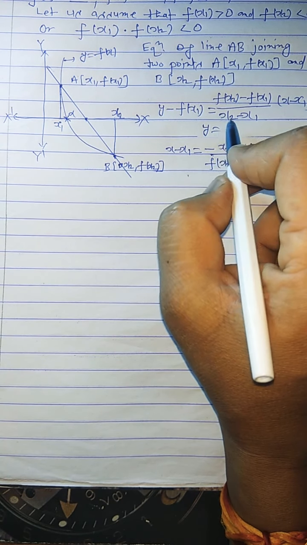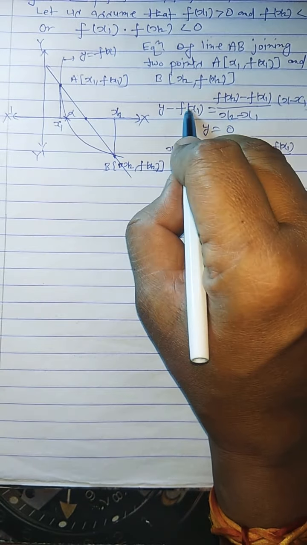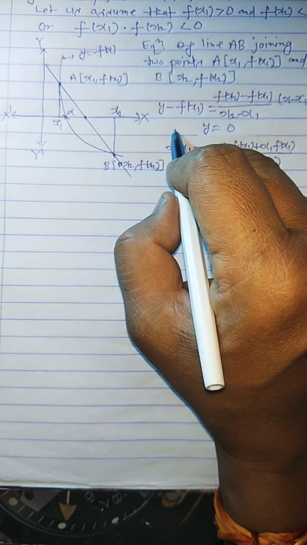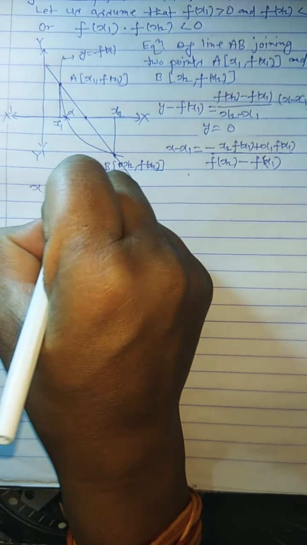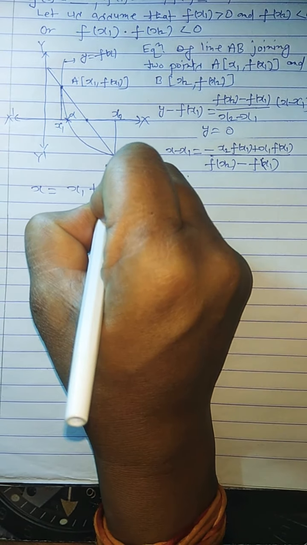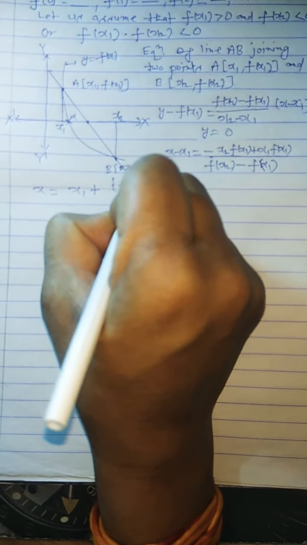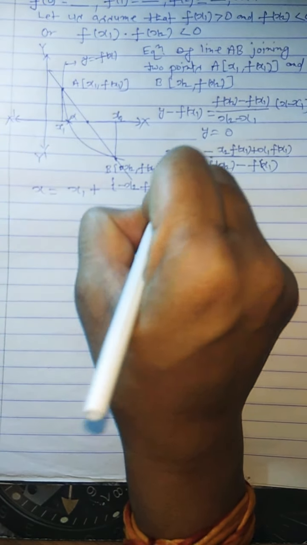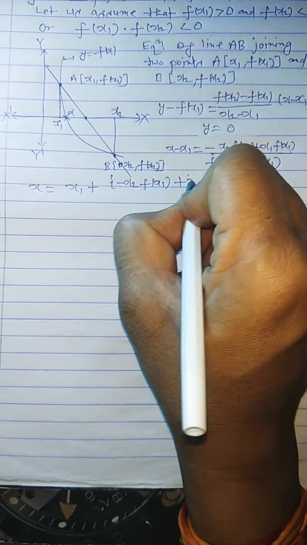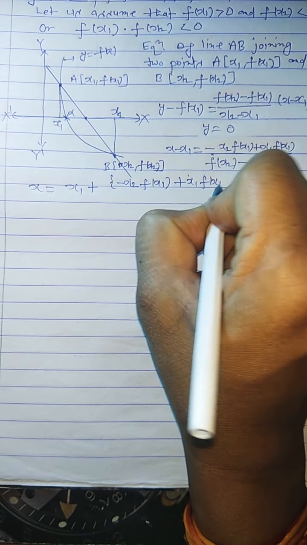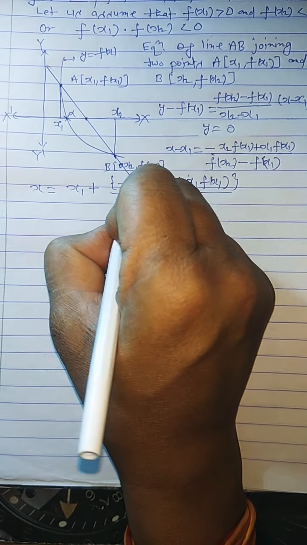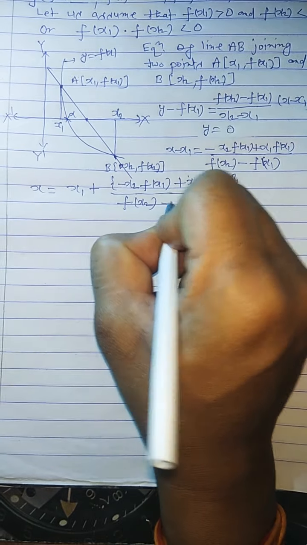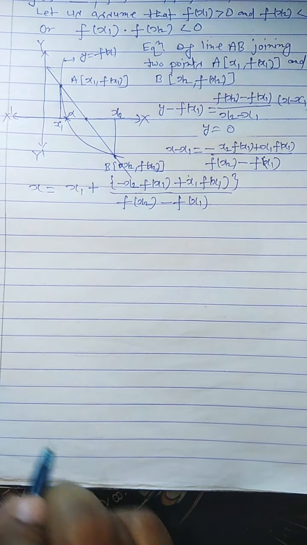Transferring the term to the denominator, we get x equal to x1 plus (minus x2 f(x1) plus x1 f(x1)) upon (f(x2) minus f(x1)).